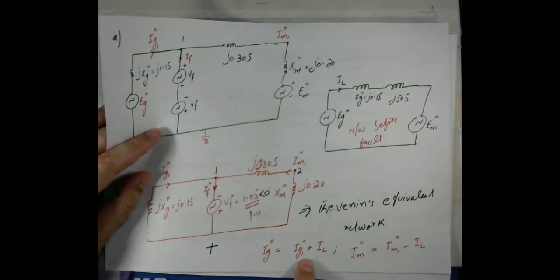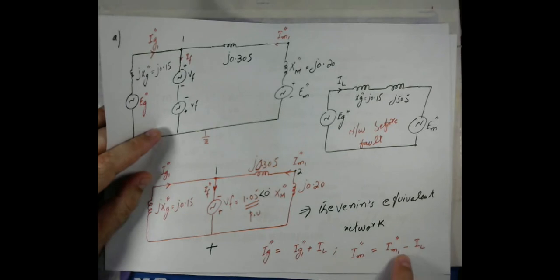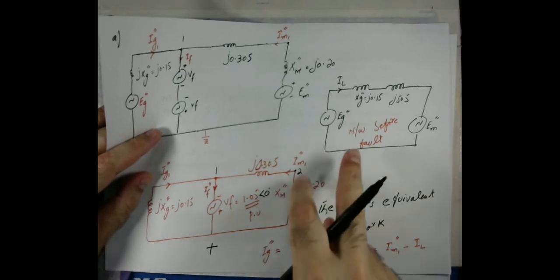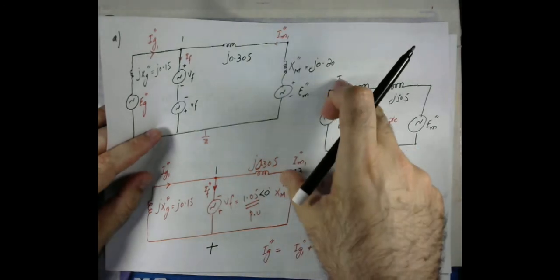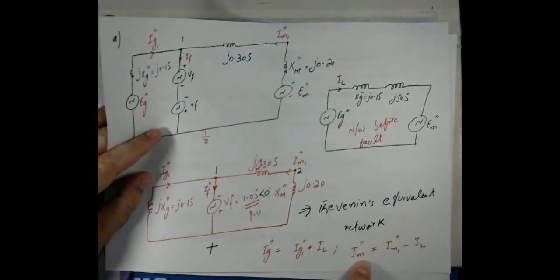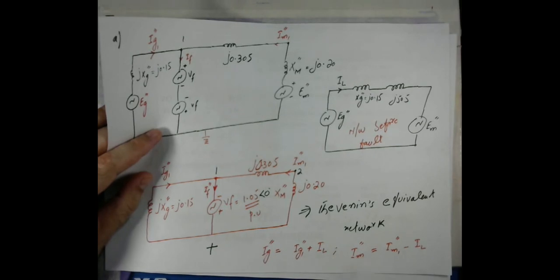So now I will add the load current with the generator current, and I will subtract in this case because the direction of the two currents, they are opposite. They are opposing each other. So then I will get the motor current. So this will be the generator and the motor subtransient currents when we consider the load current.